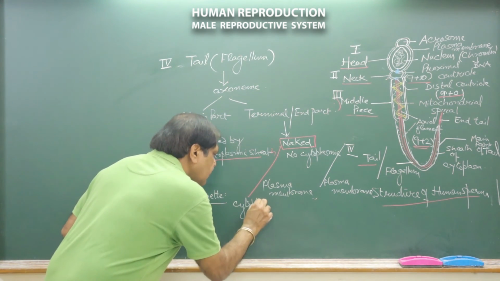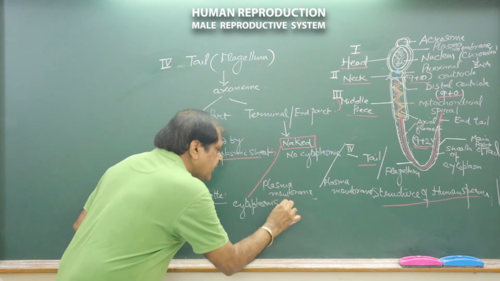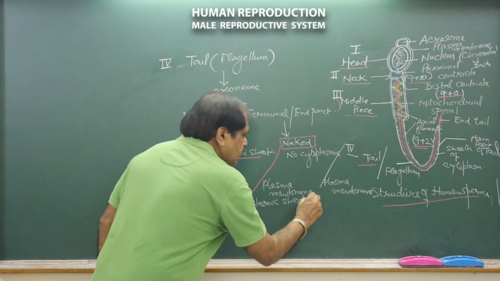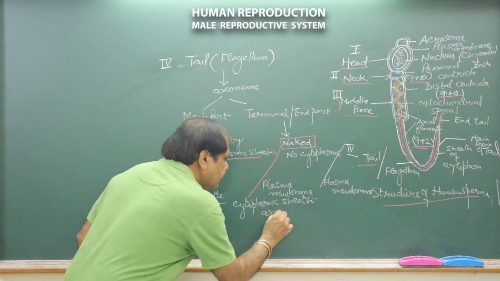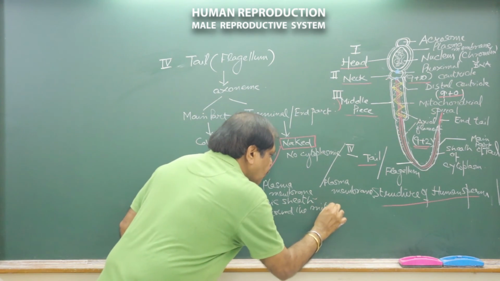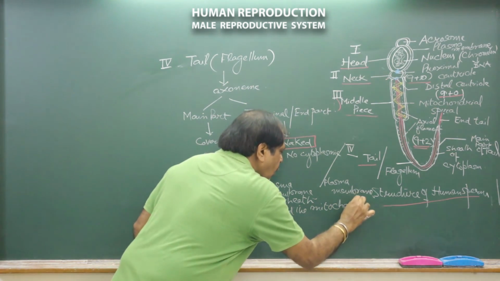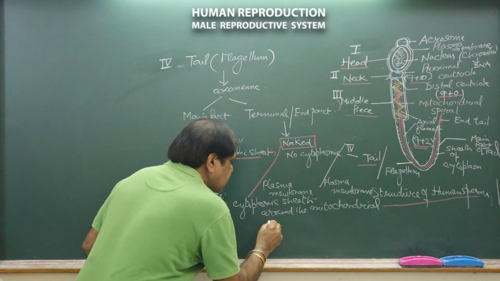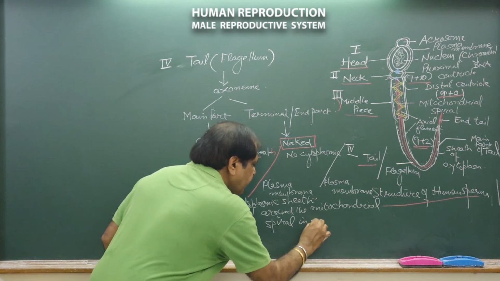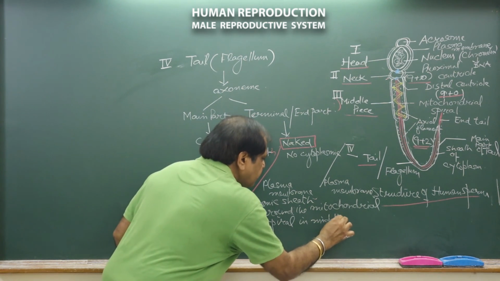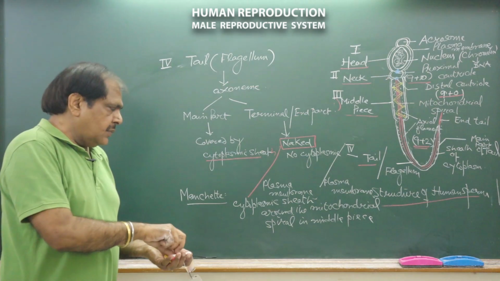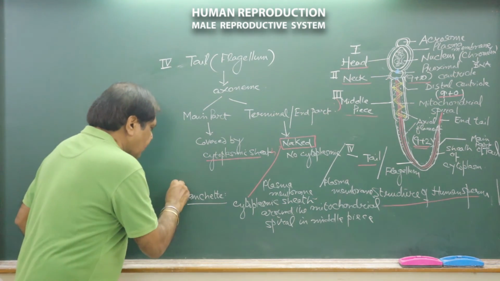Cytoplasmic sheath around the mitochondrial spiral in the middle piece of the sperm. Very important question.